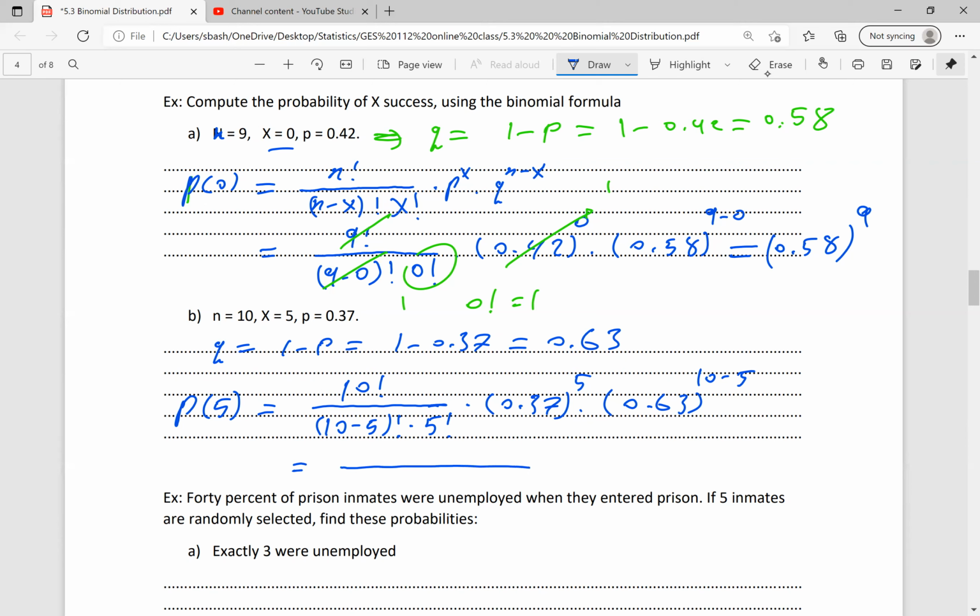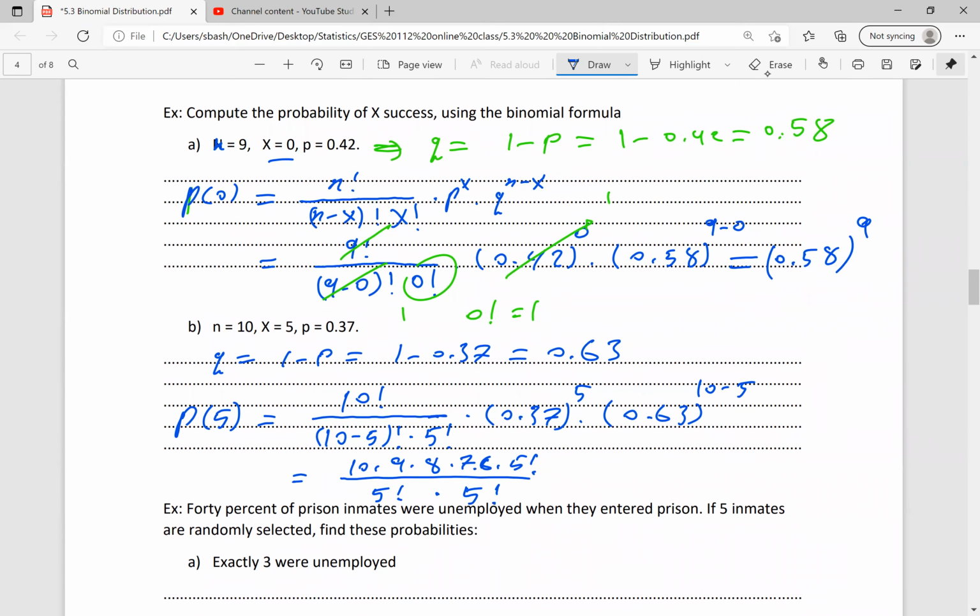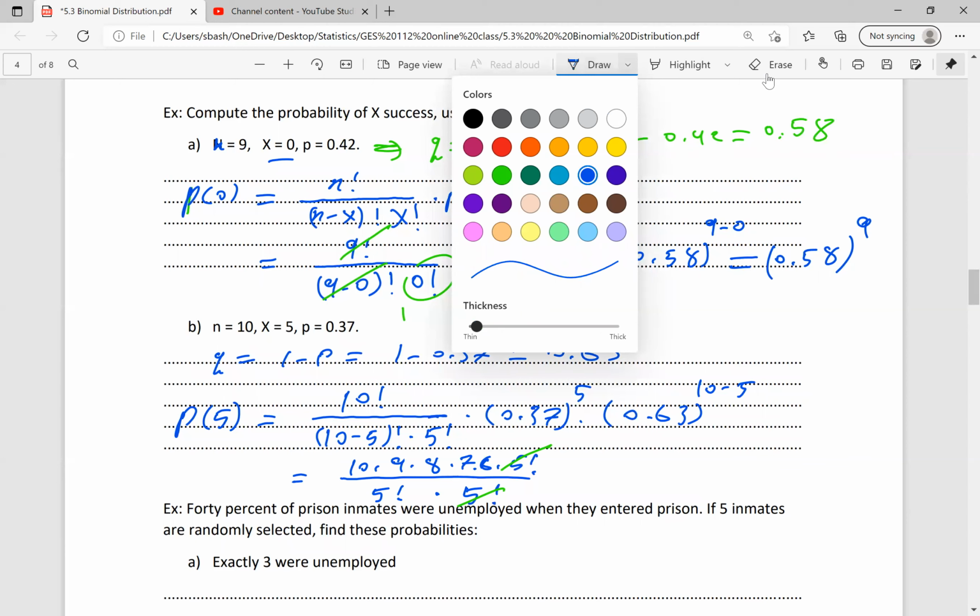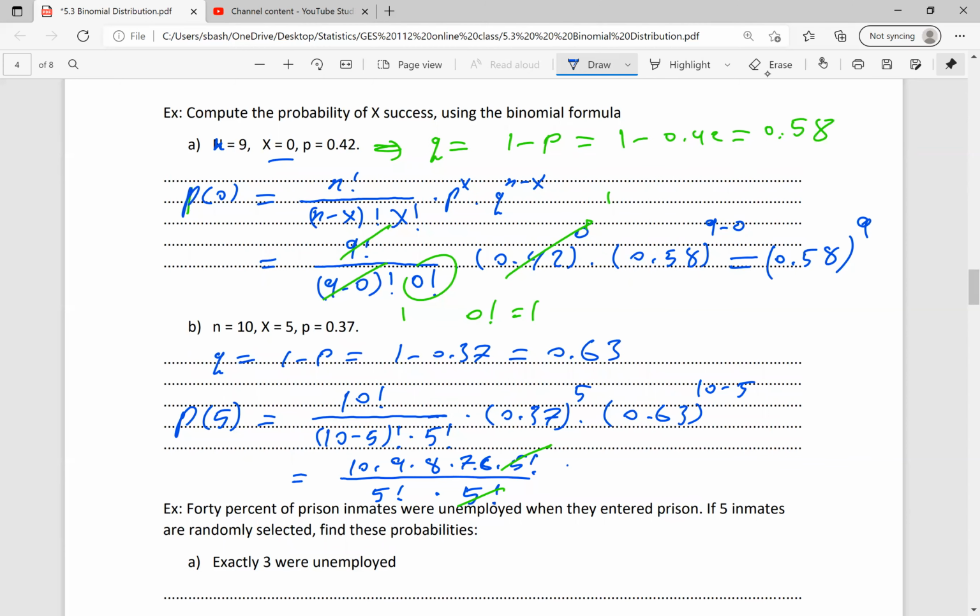10 factorial is given by 10 multiplied by 9 by 8 by 7 by 6 by 5 factorial, just to make it easier, divided by 10 minus 5, which is 5 factorial, multiplied by 5 factorial. So this will be simplified now. I will cancel this one with this one just to make it easier, multiplied by p, which is 0.37 to the power 5, multiplied by 0.63 to the power 5.